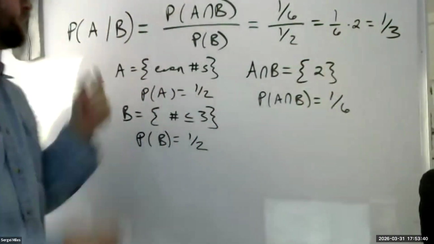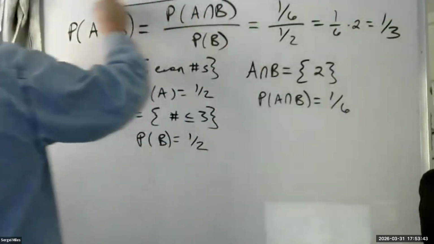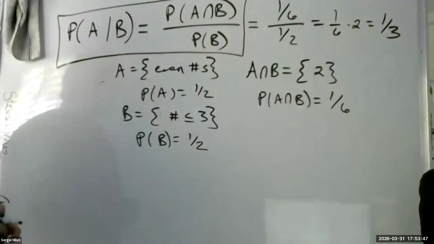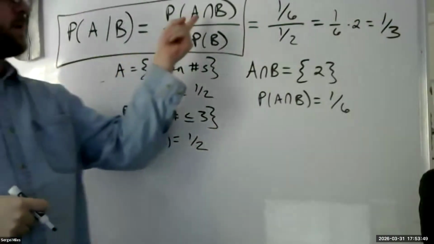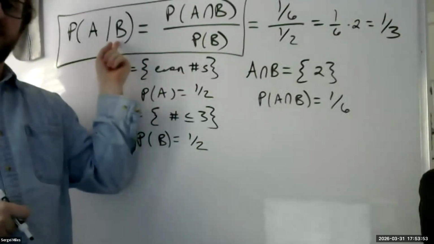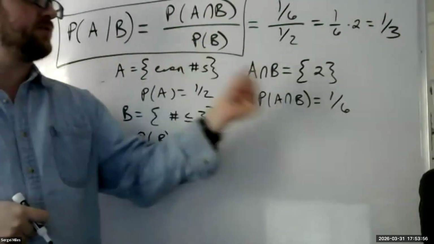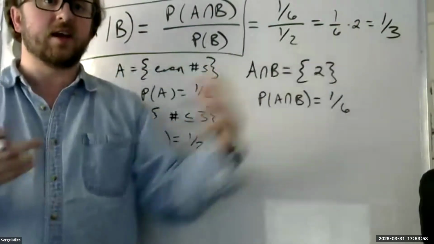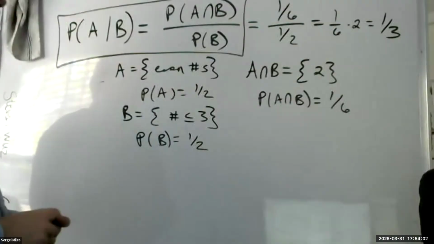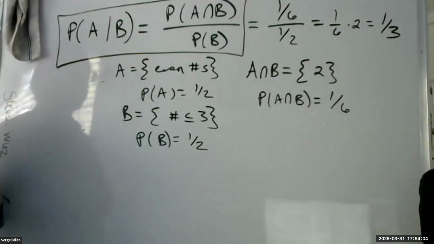But in general, this formula gives us a way to calculate any conditional probability: if I can find the probability of their intersection and the probability of the conditional information, I create a fraction of those to get my final answer. This is going to be our general rule anytime we have a conditional probability question.